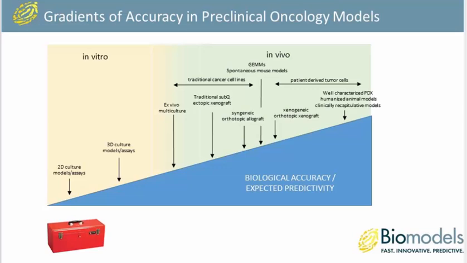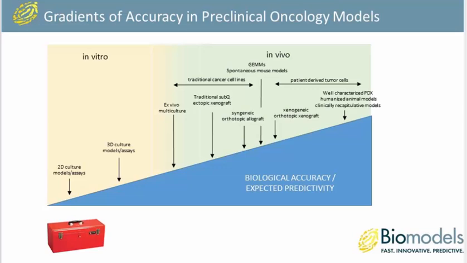So we like to think of these models sort of as a gradient of biological accuracy in the model, and we think that the biological accuracy of the model will correlate to the expected predictivity, translatability of the results in patients.